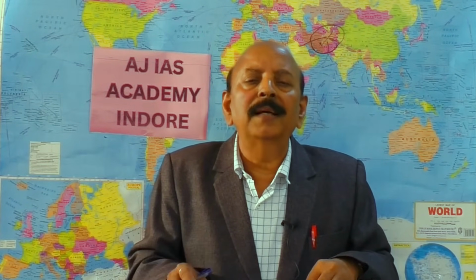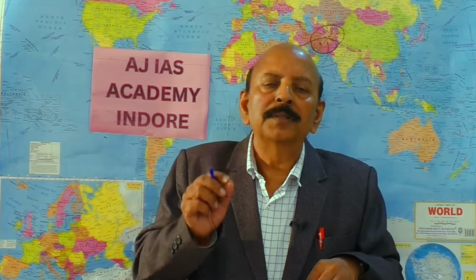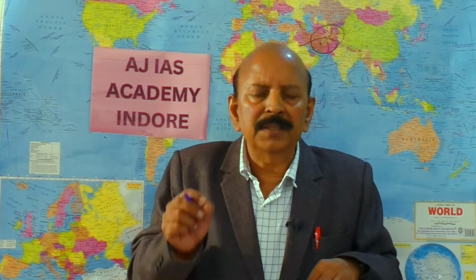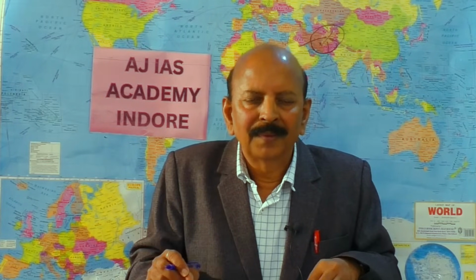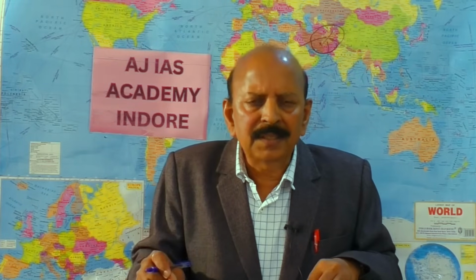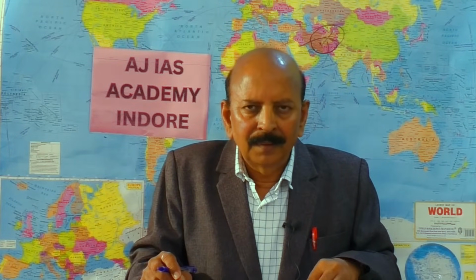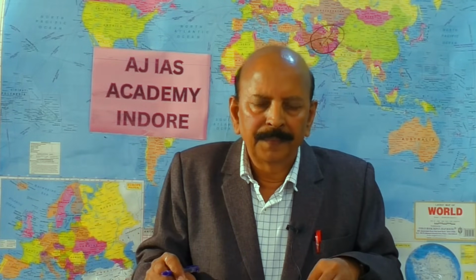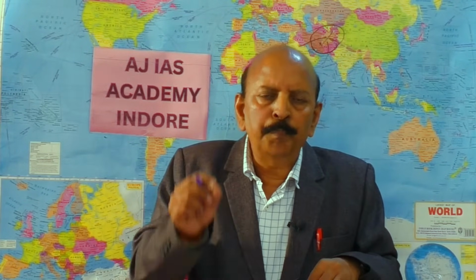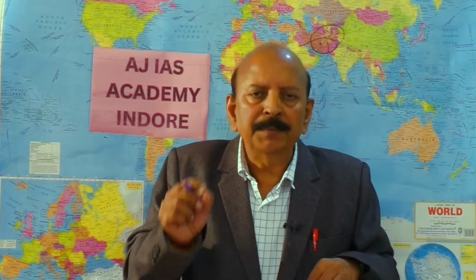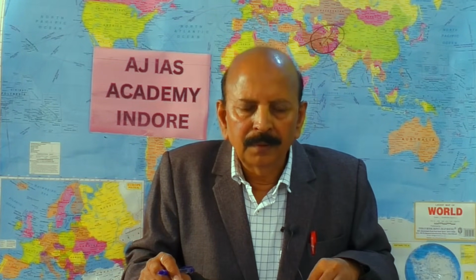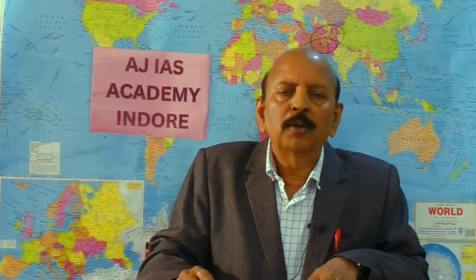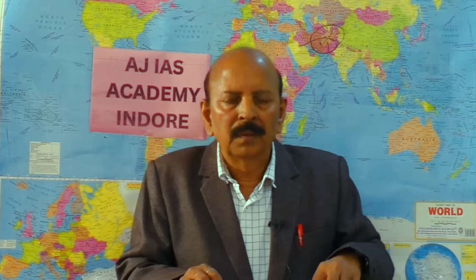The third point is illegal evidence. Friends, if the judge is of the view that the collection of evidence is full of inconsistencies, these evidences have been collected illegally, no proper procedure has been followed by the investigating officer, the judge will acquit the accused. Another point is false confessions.